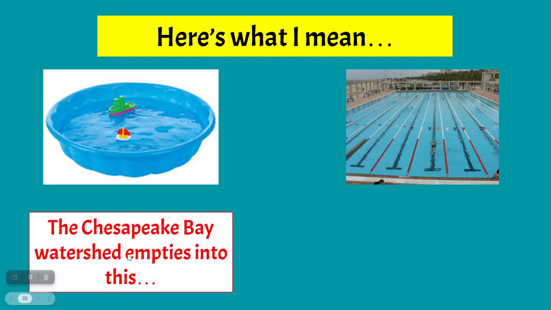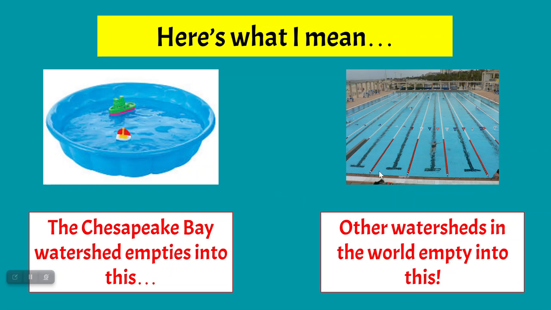So the Chesapeake Bay watershed empties into the small little container of water. Whereas other watersheds in the world, when they are emptying their water into a larger body of water, it's more like they're going into the Olympic pools.